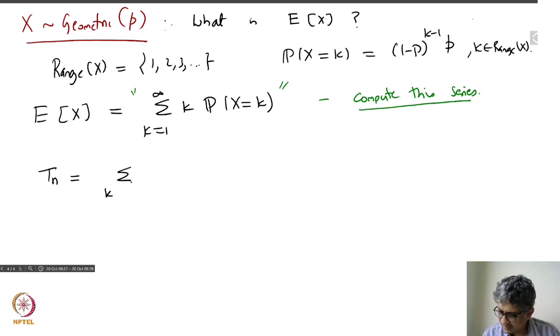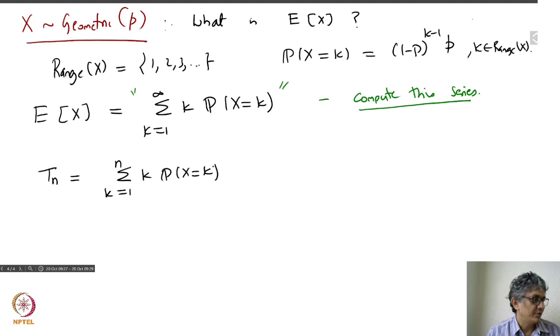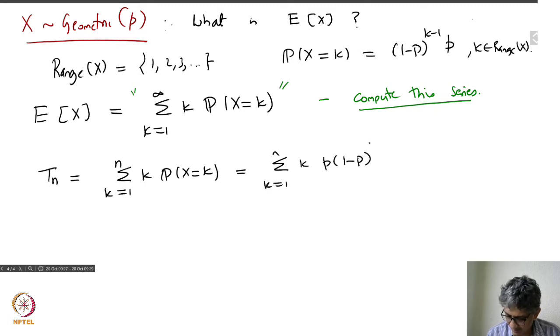So T sub n is the sum from k equal to 1 to n, k times the chance that x is equal to k. That's what one would have to compute first to do the geometric. So what's that going to be? That's just the sum from k equal to 1 to n, k times p times 1 minus p to the power k minus 1. Right. So this, again, I do a little trick.